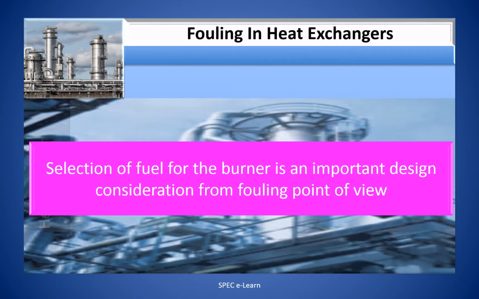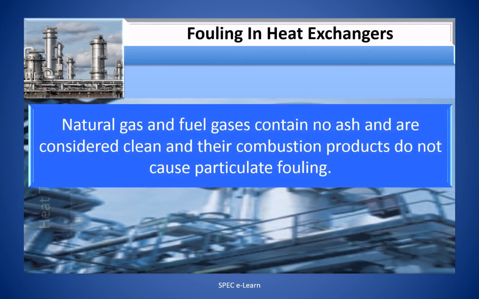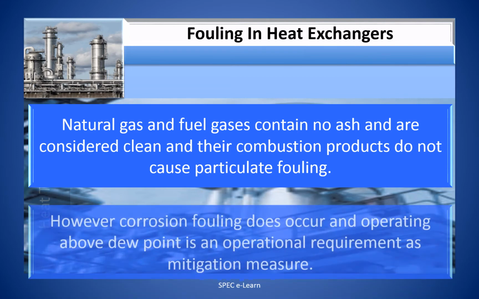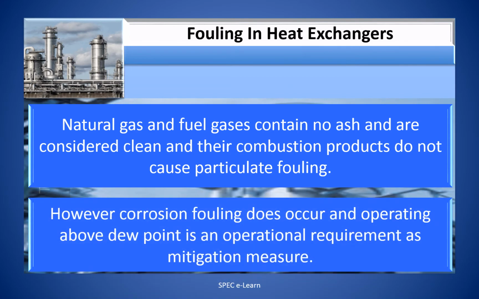Selection of fuel for the burner is an important design consideration from the fouling point of view. Natural gas and fuel gases contain no ash and are considered clean, and their combustion products do not cause particulate fouling. However, corrosion fouling does occur, and operating above dew point is an important requirement as a mitigation measure.